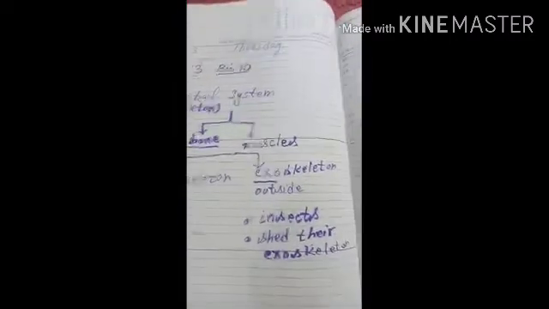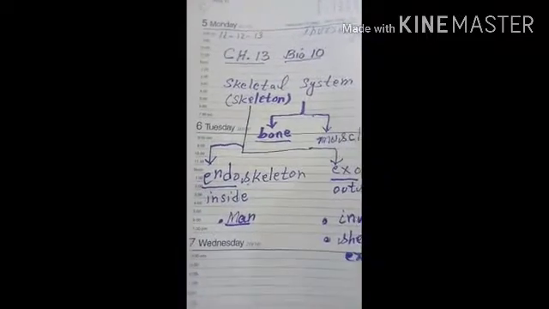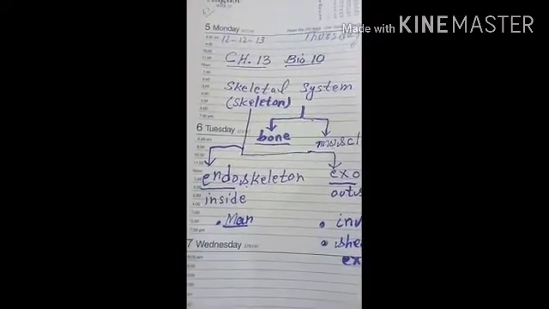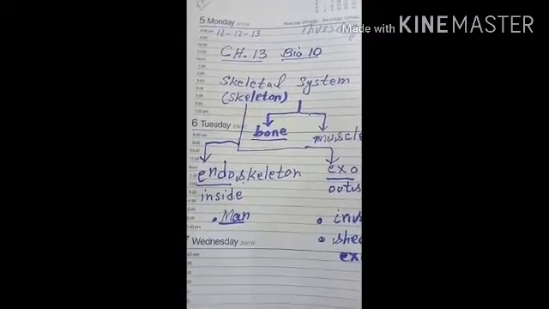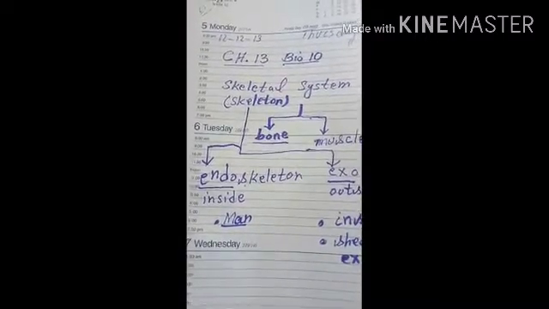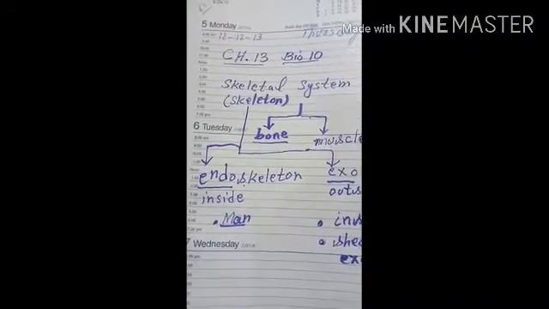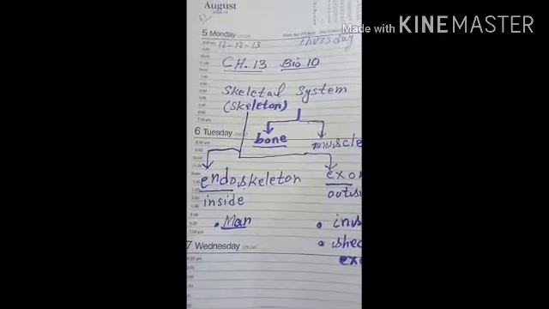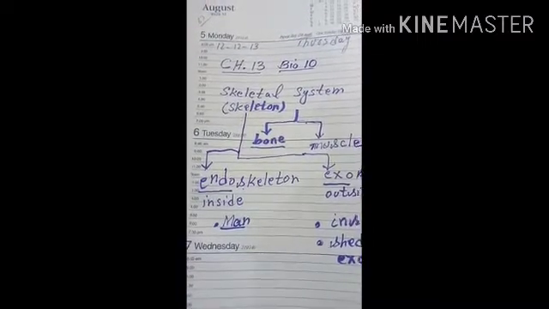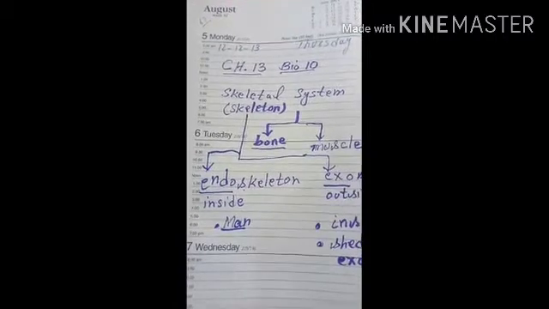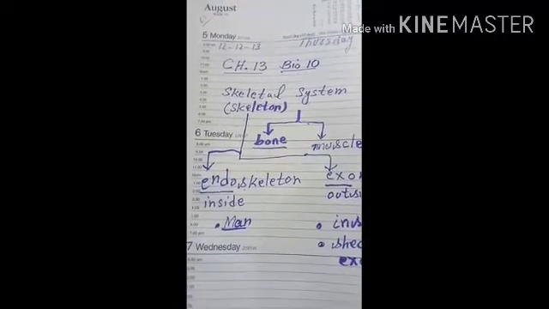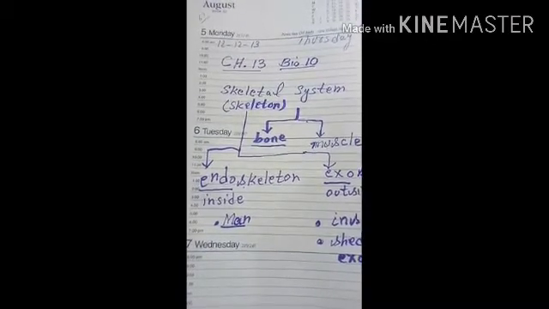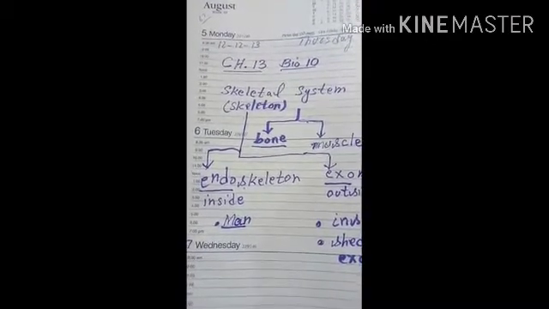But as compared to exoskeleton, endoskeleton is never shed. It is not replaced by a new endoskeleton. Nevertheless, when their growth is complete, if there is any damage to the bones due to an accident, bones can replace their lost cells by mitosis.